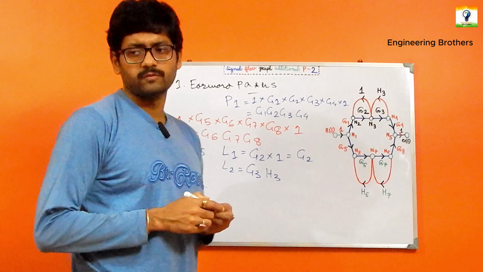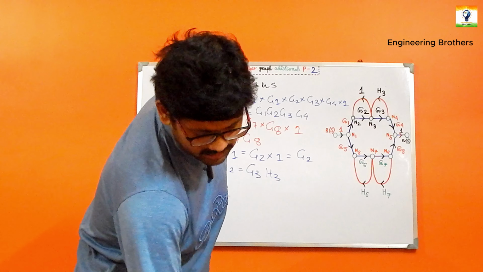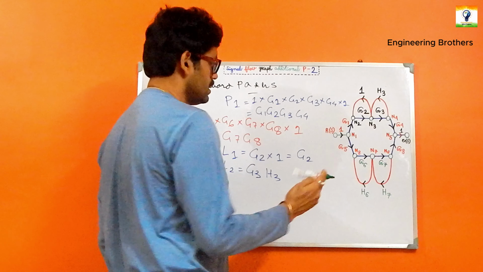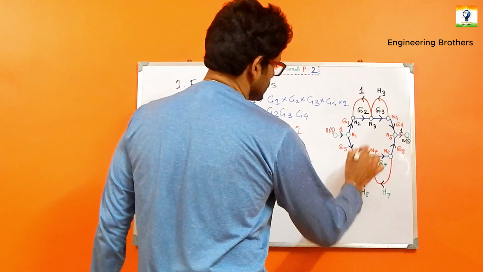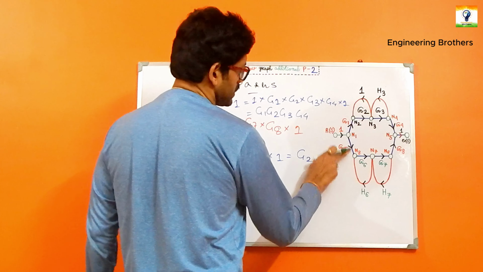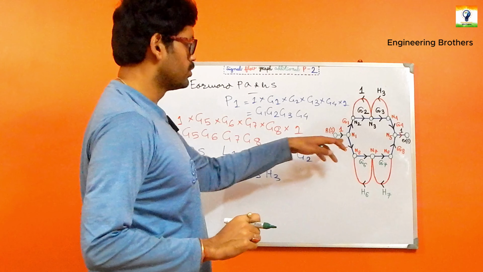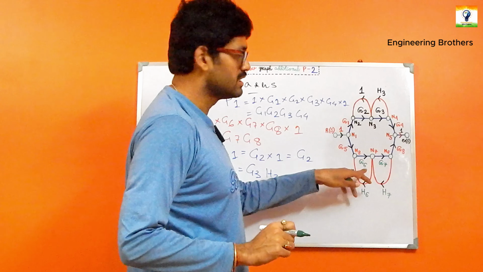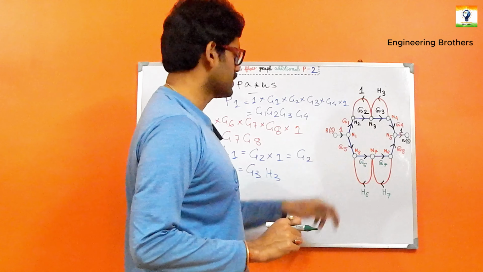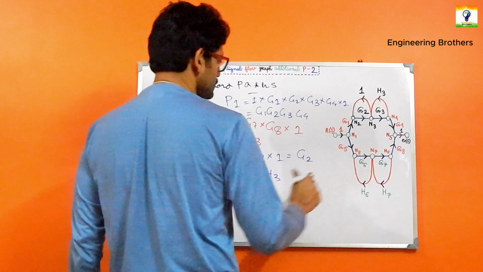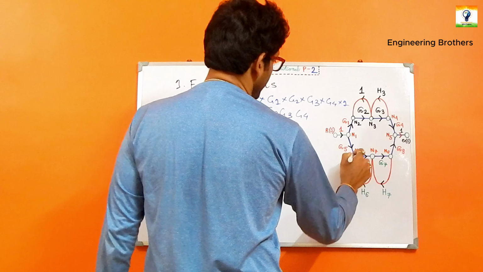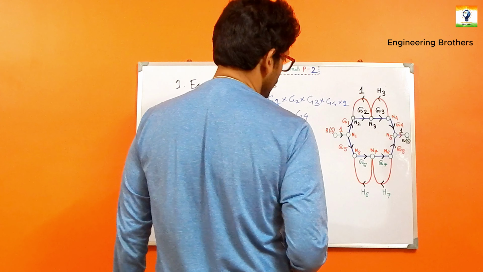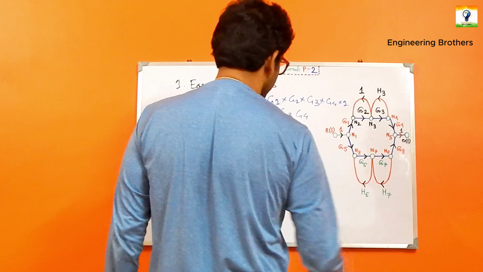In our next loop, we should find out the next loop for this one. Now we should consider this path over here. Quite naturally, you can see that from our node N8 to N7, the gain is G6, and from our N7 it has ultimately fed back to the N8 over here.